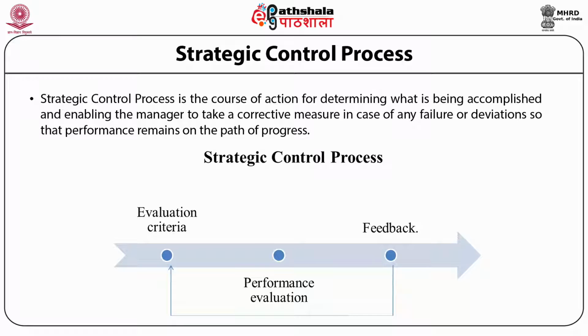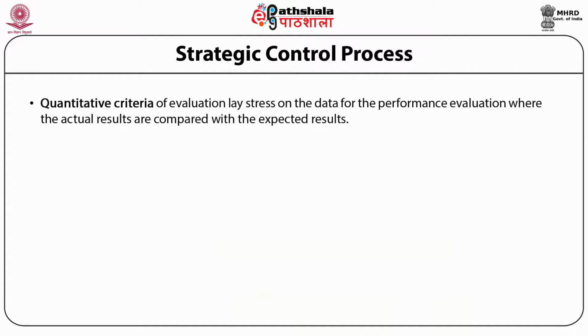The strategic control process consists of three phases: evaluation criteria, performance evaluation, and feedback. The first phase, that is evaluation criteria, can be done both quantitatively as well as qualitatively. The quantitative criteria of evaluation lay stress on the data, which is a post facto analysis for the performance evaluation, where the actual results are compared with the expected results.